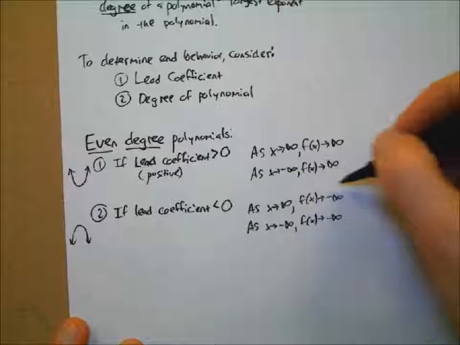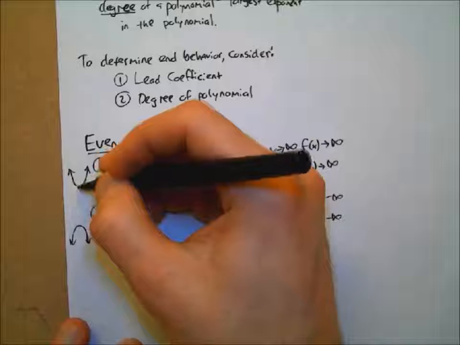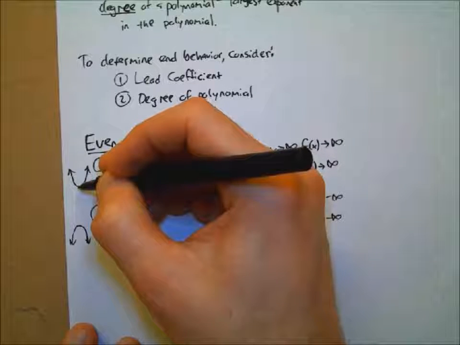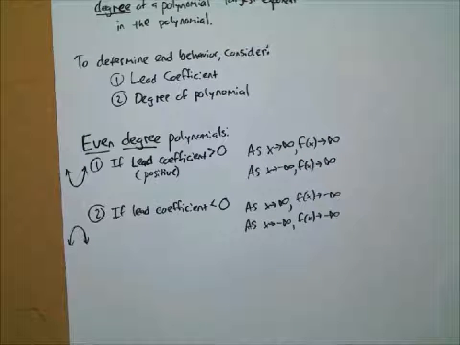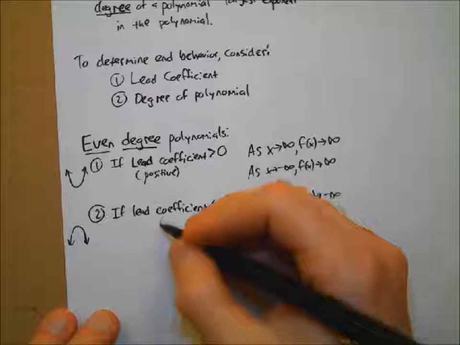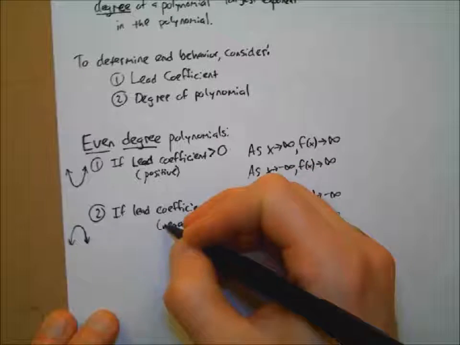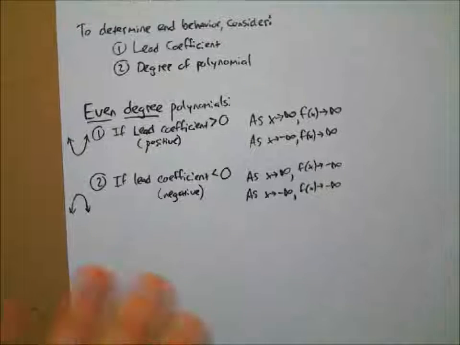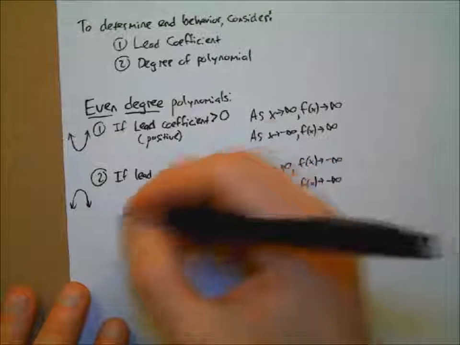So while we say this part of the graph is decreasing, we also say as x approaches negative infinity, f of x approaches positive infinity. It gets a little confusing. It's a subtle change there, but I think that's what throws students off. Okay, I guess I can put the word negative in there too. So just be careful, don't get those increasing, decreasing, and your x approaches negative infinity, x approaches positive infinity stuff mixed up. So that covers even degree polynomials.